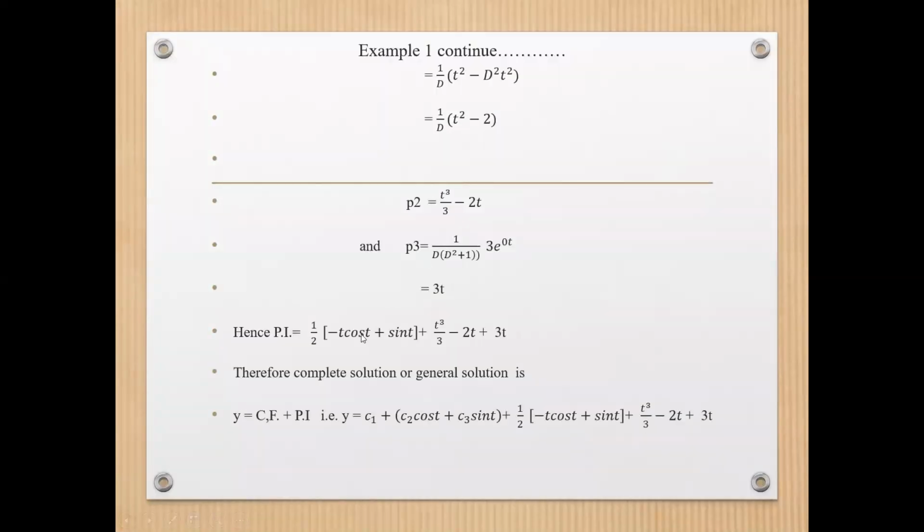Add this CF plus PI, we get the required complete solution. So the complete solution is c1 plus c2 cos t plus c3 sin t plus 1 by 2 into (minus t cos t plus sin t) plus t cube by 3 minus 2t plus 3t, which is nothing but t. Okay, this is all about type number 3.